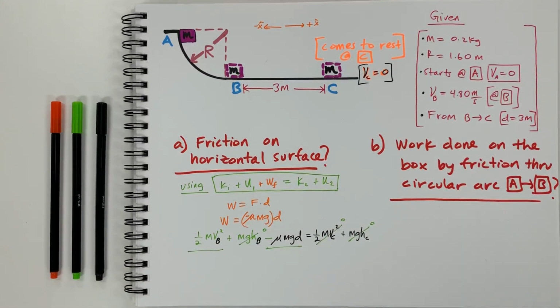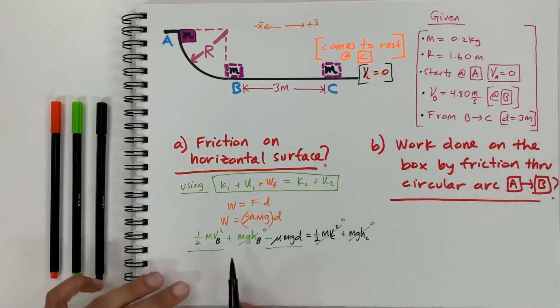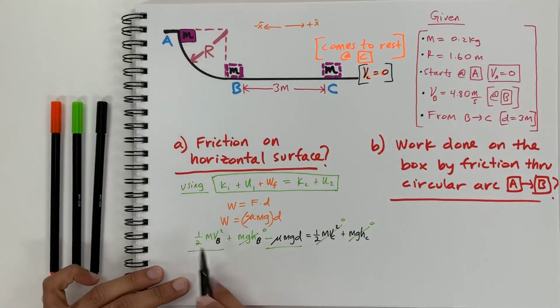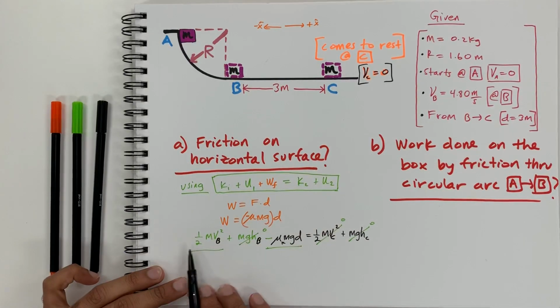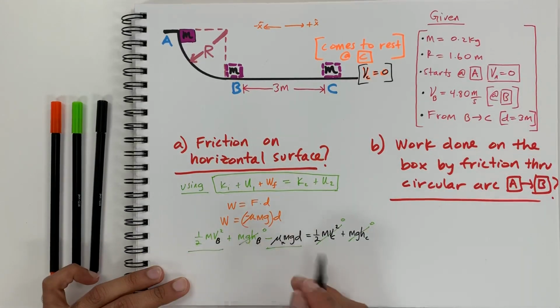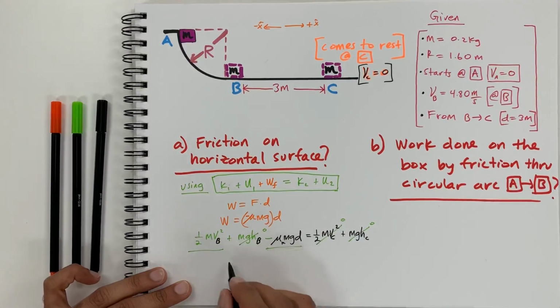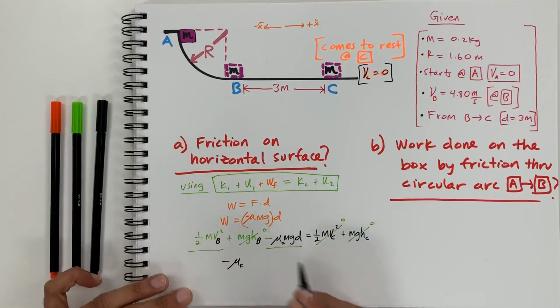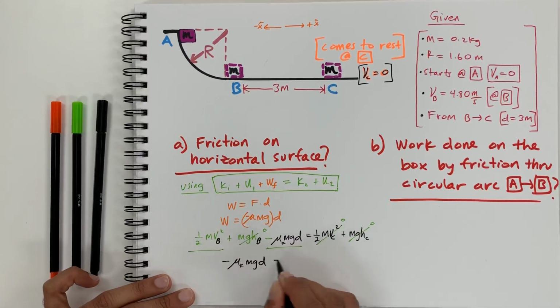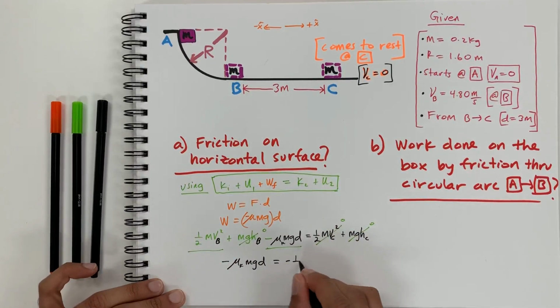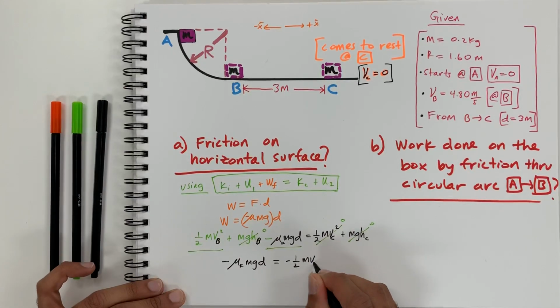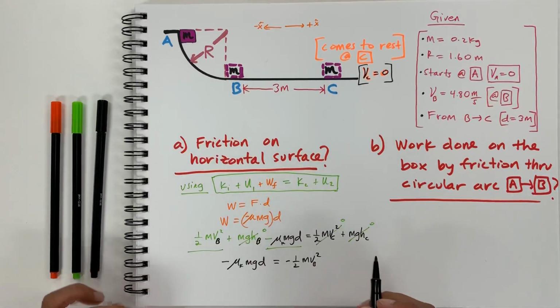Okay, so let's put it together and we'll solve for mu. So let's first, okay, this is mu k. So first we're gonna do this piece here. Let's move it to the other side of the equal sign. So we're gonna be left with this, which is minus mu k mgd equals, if I put this on the other side, it's gonna be minus 1/2 mvb squared.